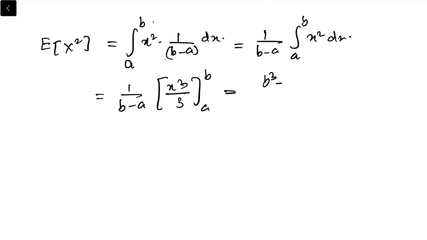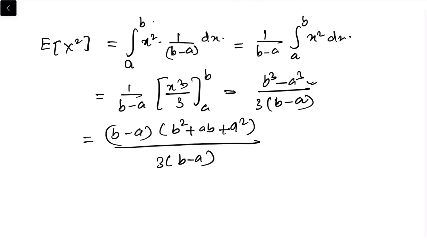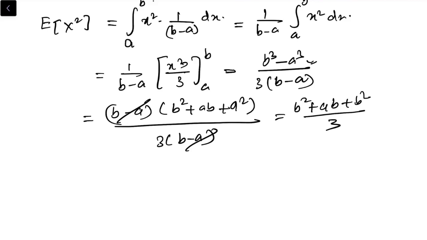So this is b cubed minus a cubed divided by 3 times b minus a. We can expand this term: b minus a times b squared plus ab plus a squared, divided by 3 times b minus a. We can cancel this out. So this is the expectation of x squared.